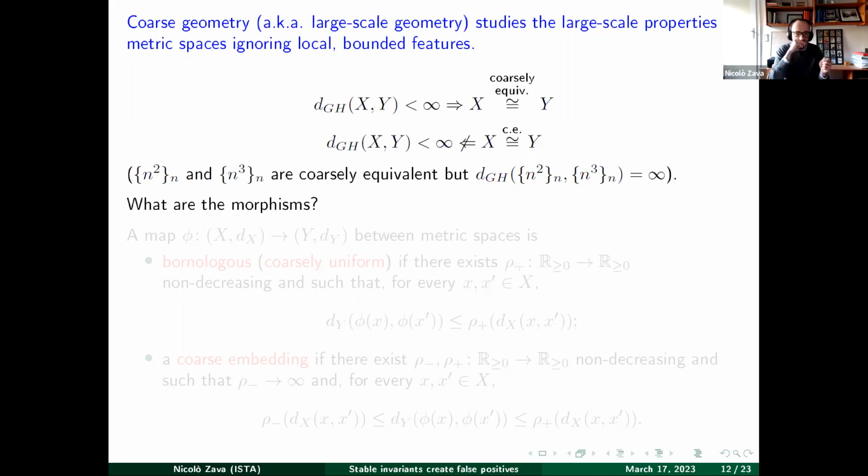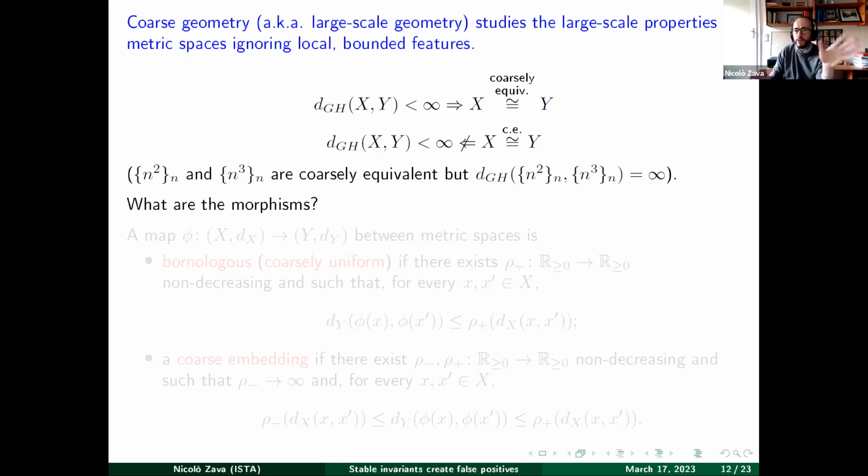And therefore, for example, in this theory all finite metric spaces are the same object. So it collapses a lot, but not everything, because, for example, the plane is different from the real line.